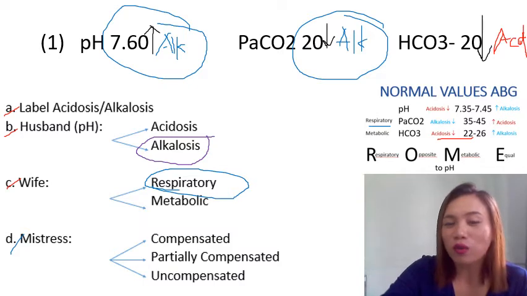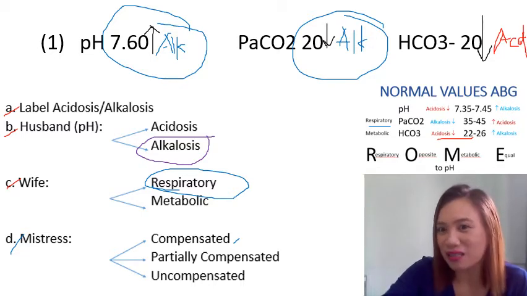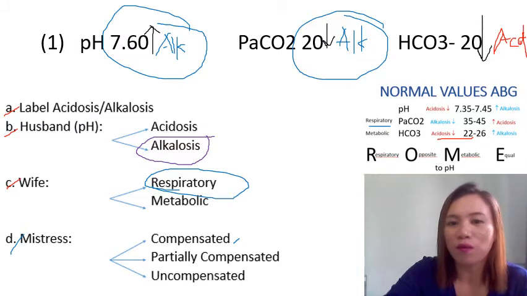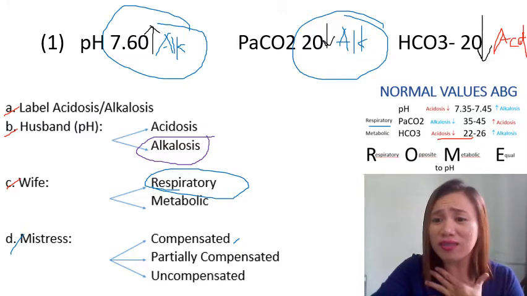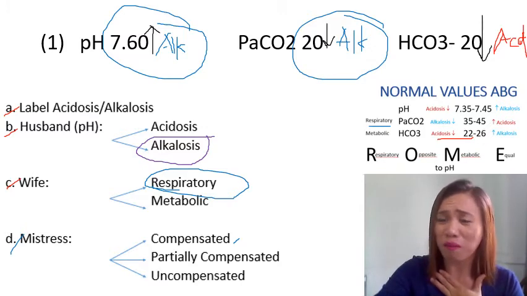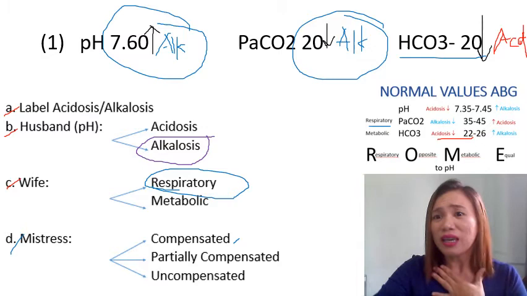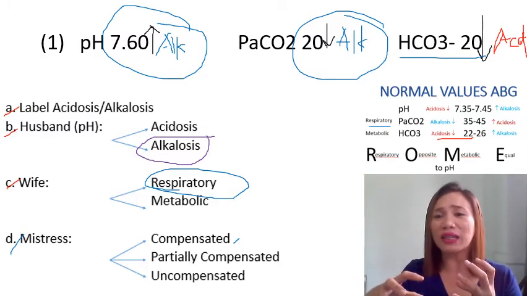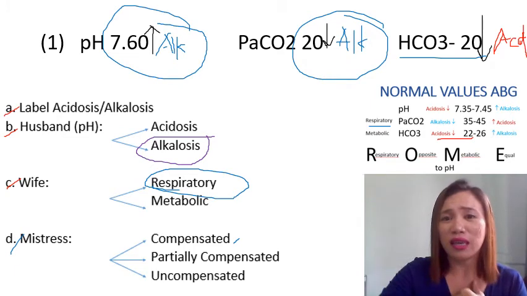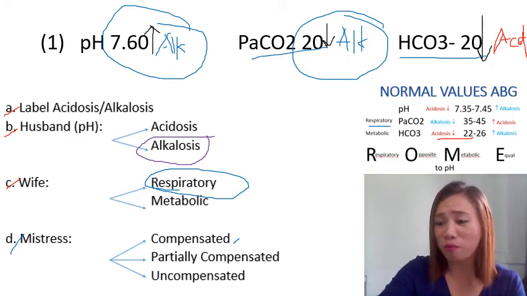So how do we say it's compensated? It's compensated if your pH is normal. But it isn't. Therefore, is it partially compensated? It means that your mistress is doing something to make your pH normal. Is your mistress doing something? Yes. It became abnormal so that it will counteract the wife's abnormality.